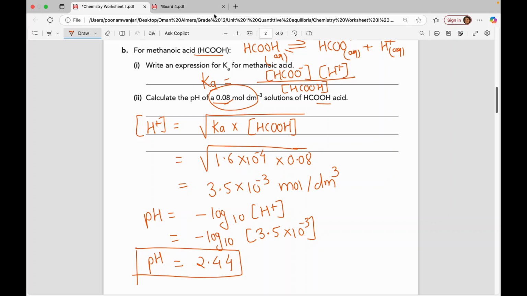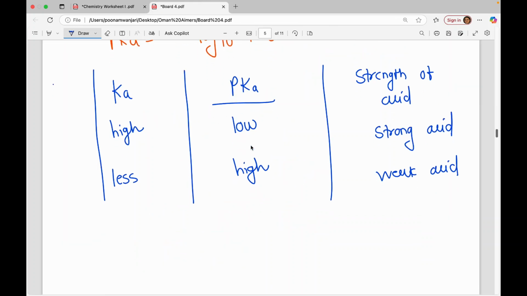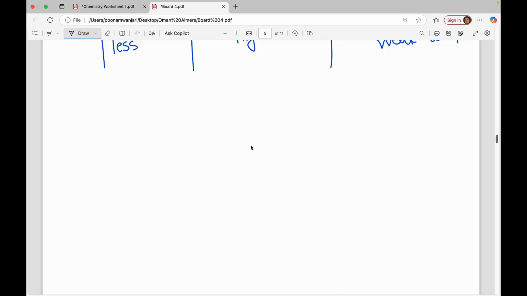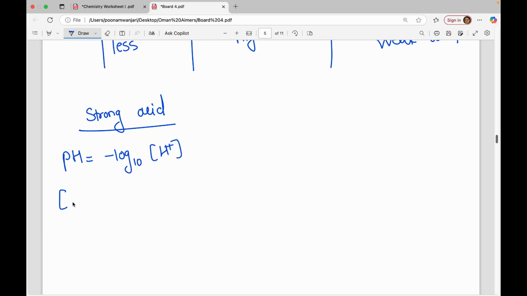So this is the worksheet, and some PYQs we have already discussed, but this table is very important to compare values of Ka and pKa. Again I am telling you, if you have a strong acid, your formula should be the direct formula: pH is equal to negative log to the base 10 of the concentration of H plus, because the concentration of H plus is equal to the acid given, due to complete dissociation.